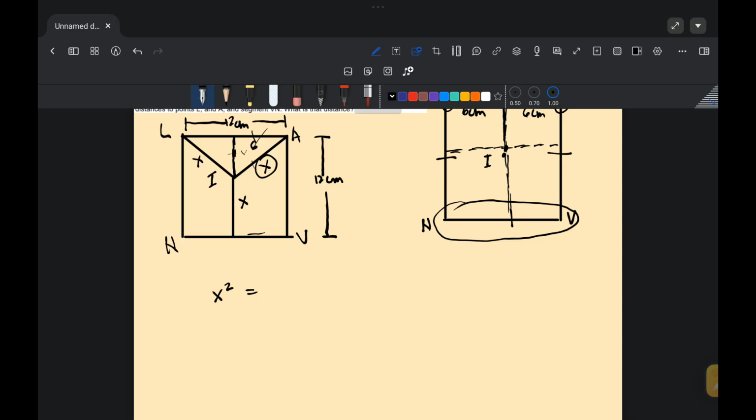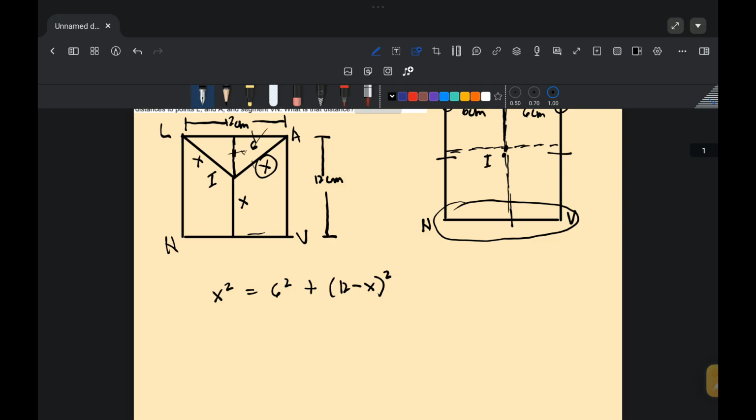So this side should give us 6 squared. And we don't know this side yet, but we have information. Segment AV is 12 cm, and the distance from point I to segment VN is X. So we have 12 minus X, squared.